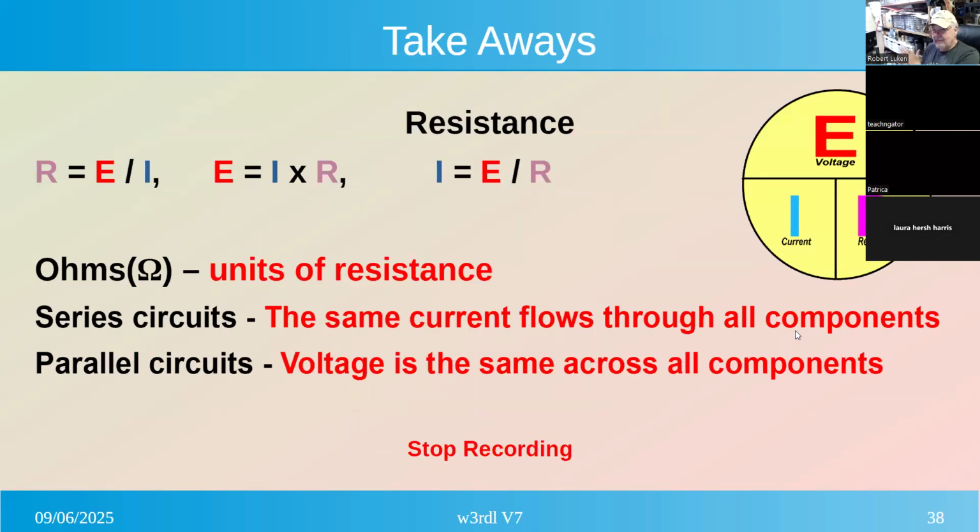So we learned Ohm's law with the little pie chart, and that the unit of resistance is ohms. In a series circuit, the same current flows through all components, and in a parallel circuit, the voltage is the same across all components.